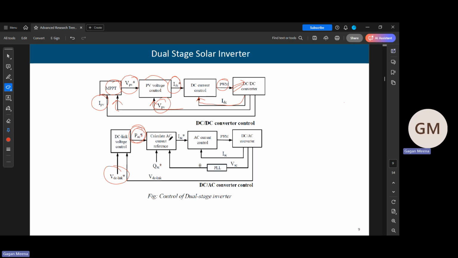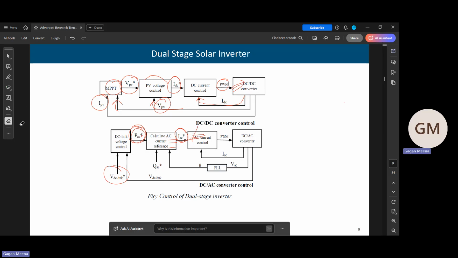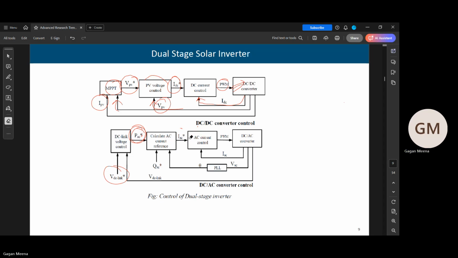It calculates the AC current reference, and then the AC current control.